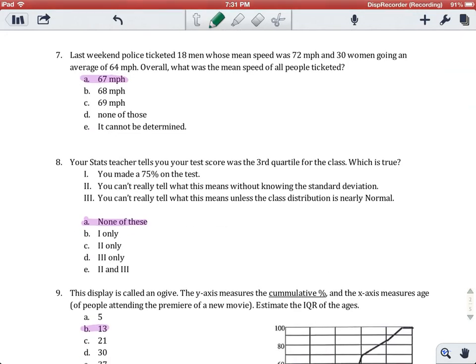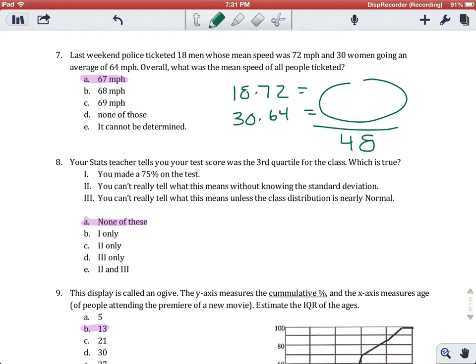Number 7, you needed to find out the total speeds and by multiplying those two, and then we would take that answer and divide it by 48.